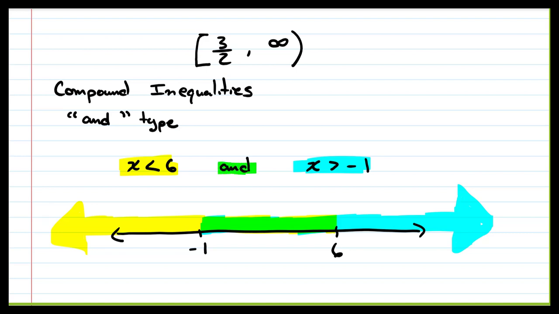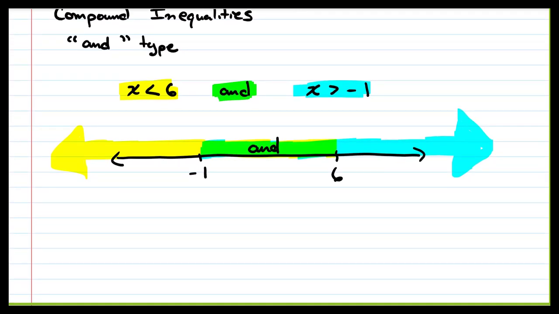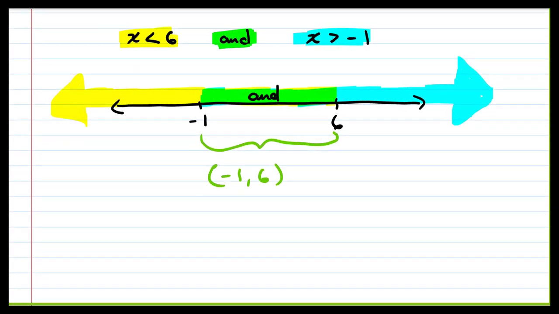And in this example, when you mix yellow and blue, you get the color green. That is the representation of the and type inequality. So then our solution to that and would be right here, and it's going to be from negative 1 to 6.